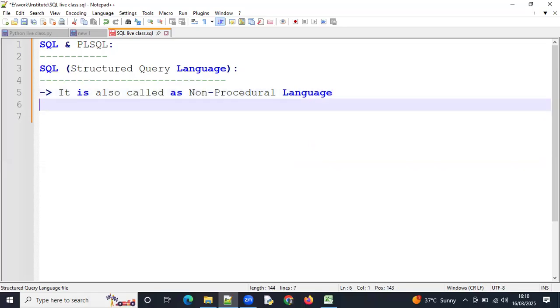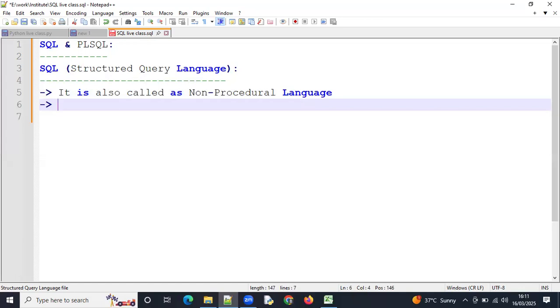SQL is completely a query based language. What is a query? Query means we write some commands like select, insert, update, delete. Depending upon the type of scenario, we will use those kinds of queries.